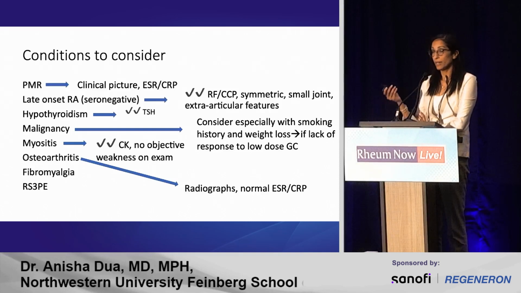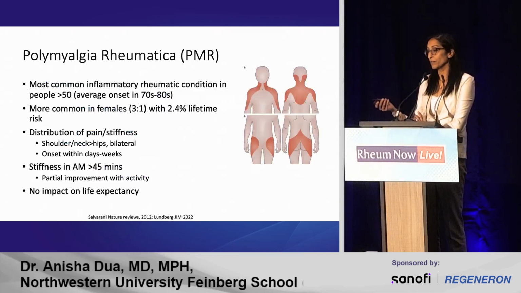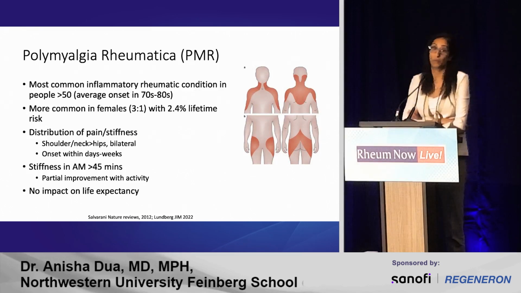Osteoarthritis of the neck and hips can result in these kind of symptoms, but normally you can look at the radiographs and inflammatory markers and other clinical clues to help you figure out what's going on. I'm not going to talk about this in detail, but basically we all know what PMR classically looks like with your shoulder and neck involvement, bilateral more so than the hips.